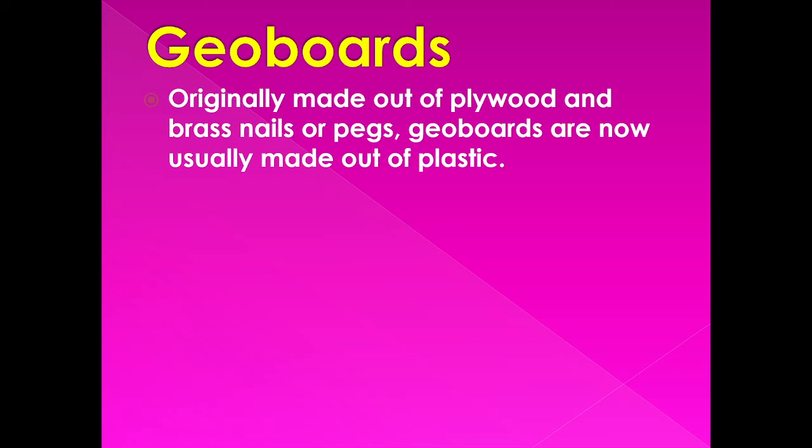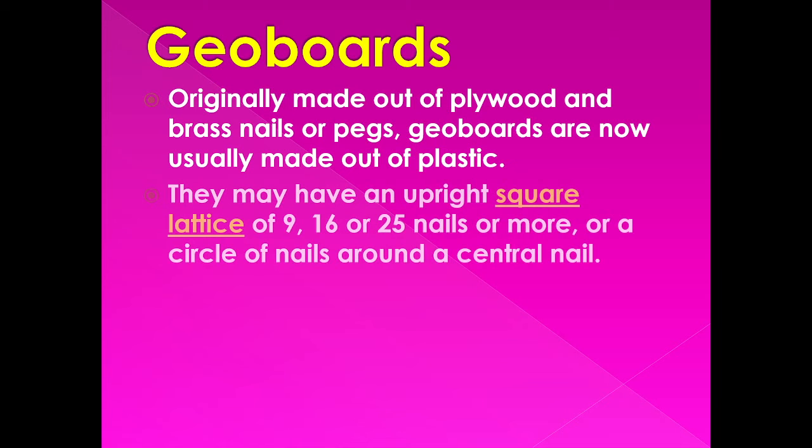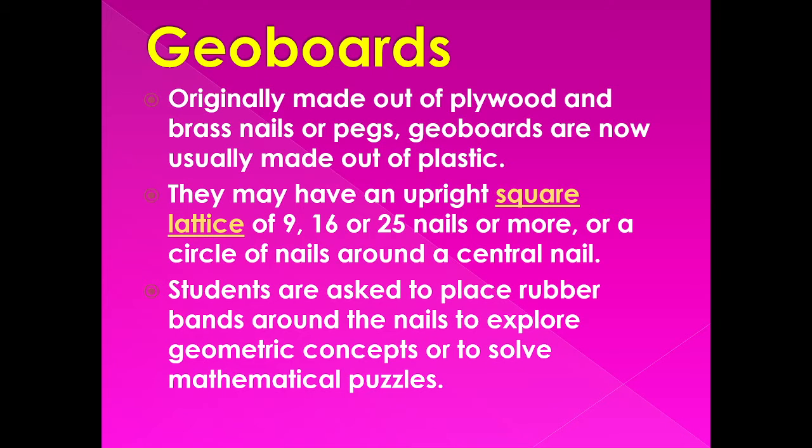Now, more on geoboards. Originally made out of wood and brass nails or pegs, geoboards now are usually made of plastic. They may have an upright square lattice of 9, 16, or 25 nails or more, or a circle of nails around a central nail. Here students are asked to place rubber bands around the nails to explore geometric concepts or to solve mathematical puzzles.